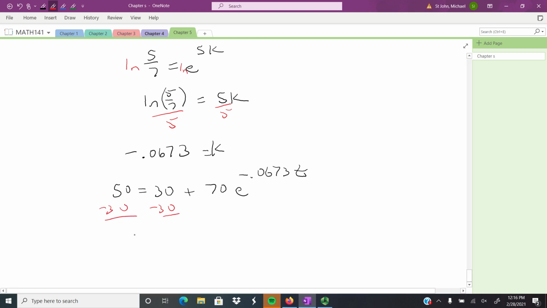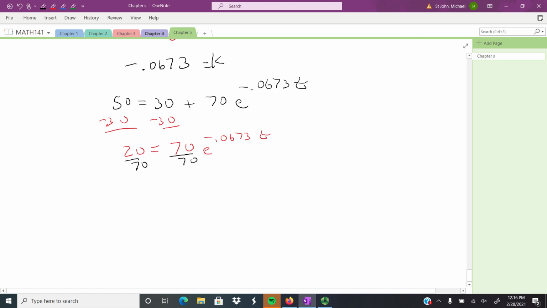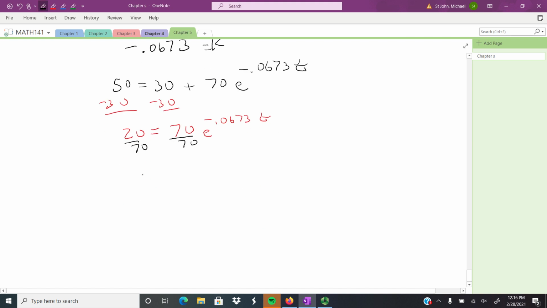And so 20 equals 70e to the negative 0.0673t, and then divide. And so now we have 2 over 7 equals e to the negative 0.0673t, and again, the opposite is natural log.